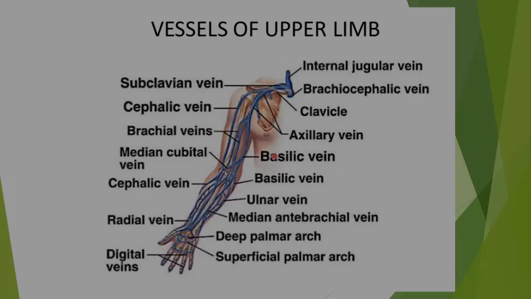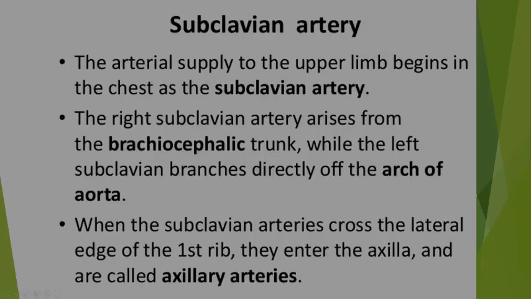These two are basilic vein, the ulnar vein, median antebrachial vein, the deep palmar arch, and the superficial palmar arch. So you have to remember these are the main veins of the upper limb.